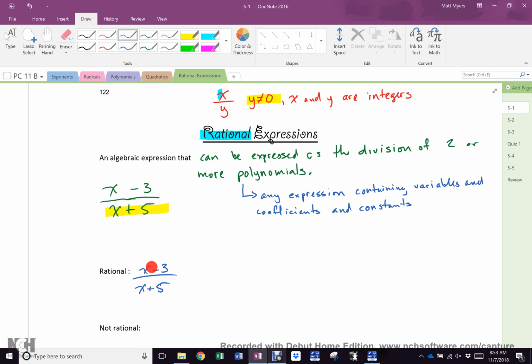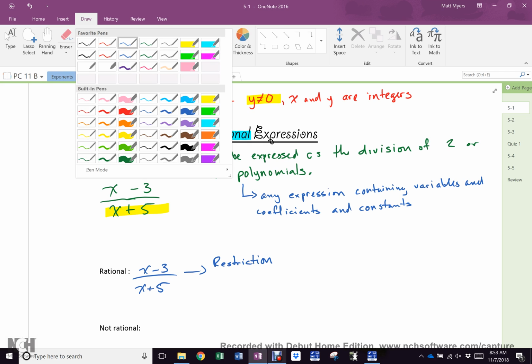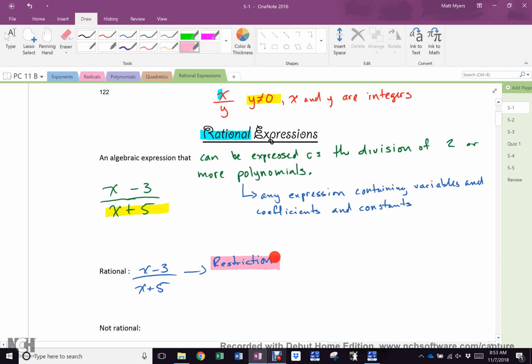Unless one thing happened. What is the only thing that could happen that would make it irrational? If the denominator was 0, right, Burke? So this is rational, but it has what we call a restriction. And the restriction is just what Burke says.